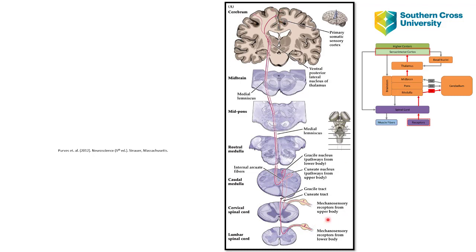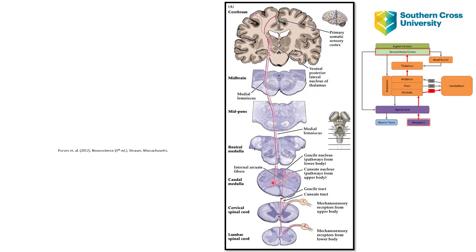Same thing occurs if we're talking about mechanoreceptors or touch receptors for the upper half of the body, up to the neck, that is. Those come in, they jump in the dorsal column, but it's this more lateral portion of the dorsal column, and we call that the cuneate tract or cuneate fasciculus. Comes all the way up, synapsing onto the second order in the cuneate nucleus.